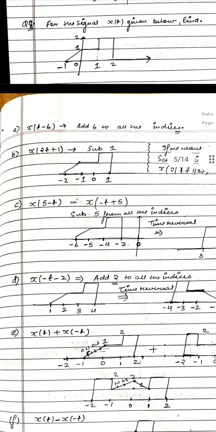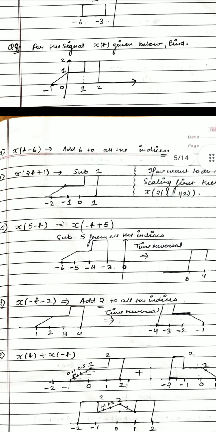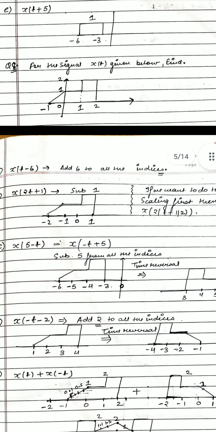X of 2t plus 1. So what we are doing in the case of x of 2t plus 1: first we are subtracting 1 from all the indices and then we are scaling it by 2, meaning we are compressing it by 2.